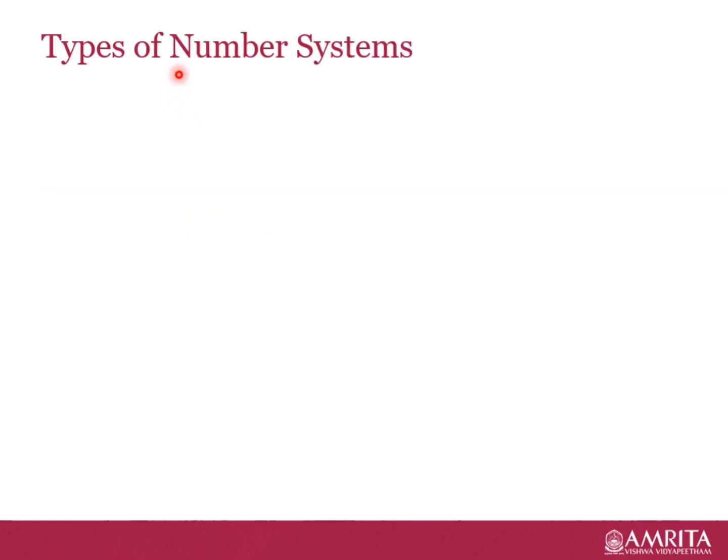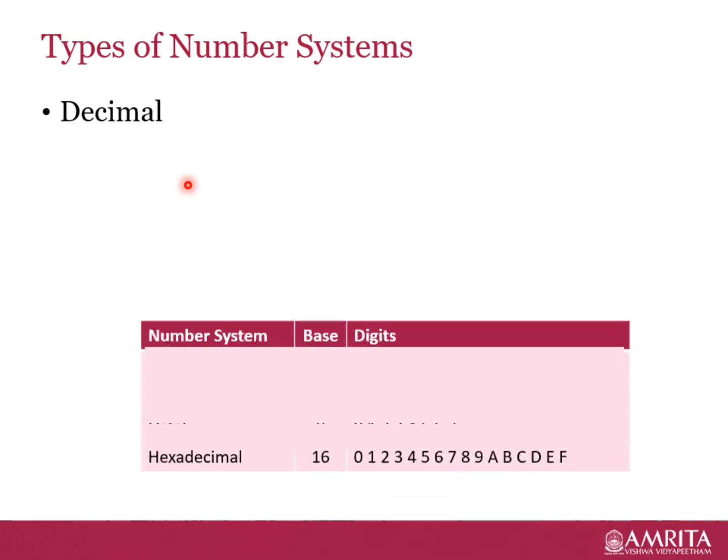Now you know what is a number system. We can now discuss the different types of number systems generally used by the computer architecture. The most important and commonly used number system is the decimal number system or base 10 system, meaning it is built on powers of 10.